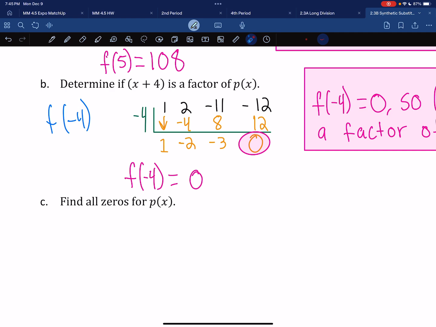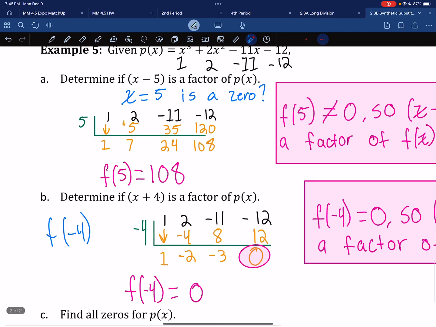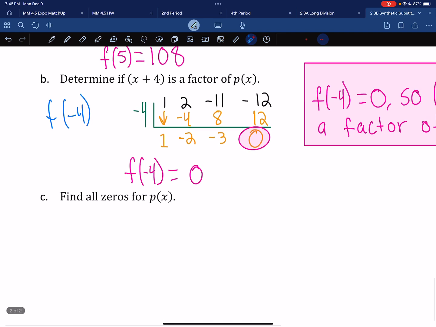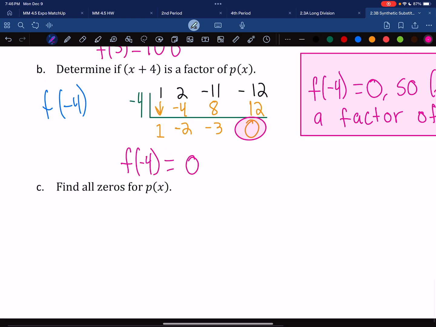Okay? But what does the 1, negative 2, and negative 3 mean? Those are still our coefficients. Like these were coefficients, these are still going to be our coefficients. So I have coefficients of 1, negative 2, negative 3, and 0.